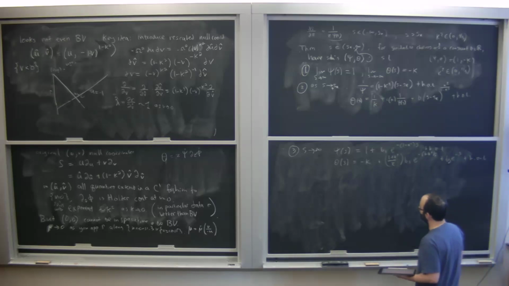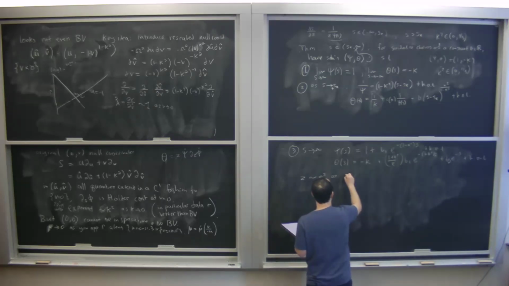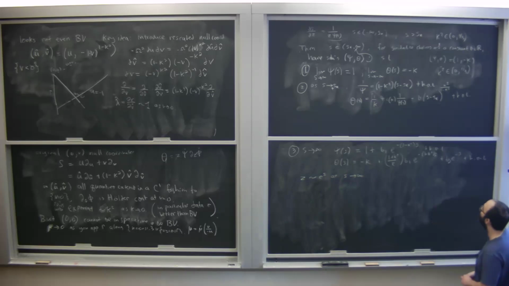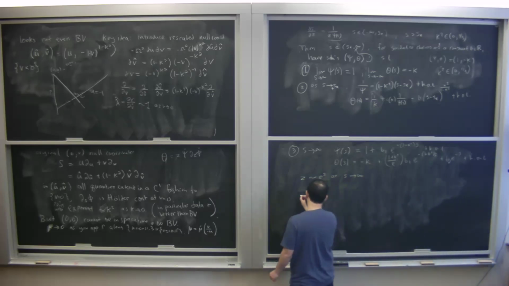And you can also determine that Z is essentially like e to the S as S goes to infinity. All right. So then the final thing: we've constructed the solution in the biggest range, for all S. Now you have to remember how we were drawing this picture. So we have this gamma here.